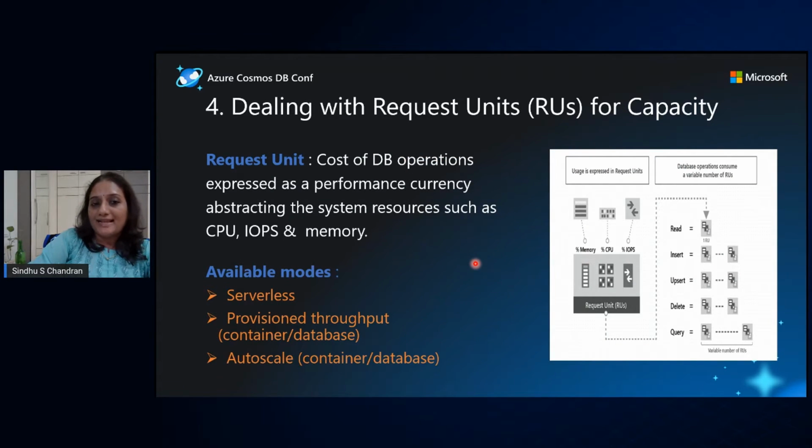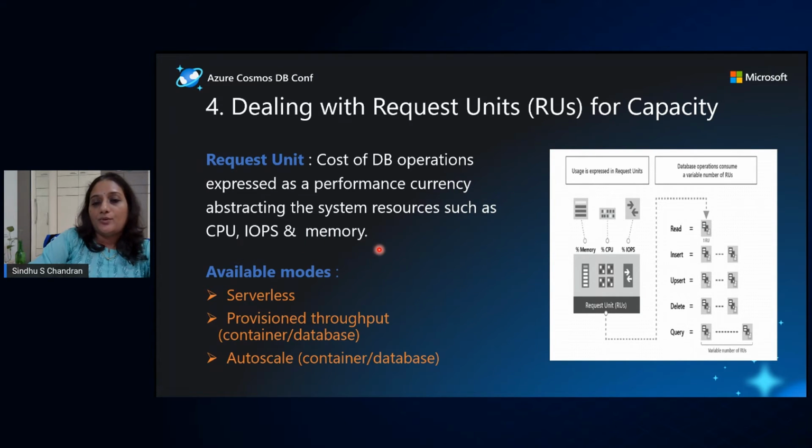The next important lesson is about dealing with request units or RUs for capacity. So a request unit is defined similarly across all APIs supported by Cosmos. So it is the cost of the database operations expressed as a performance currency. So it abstracts the usage of these different CPU, IOPS, and memory.